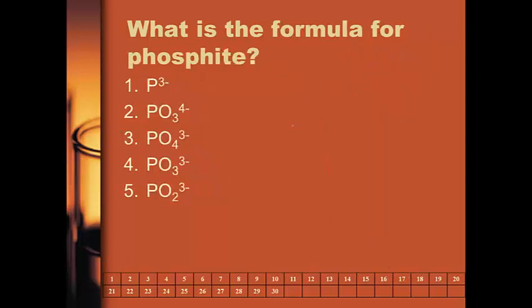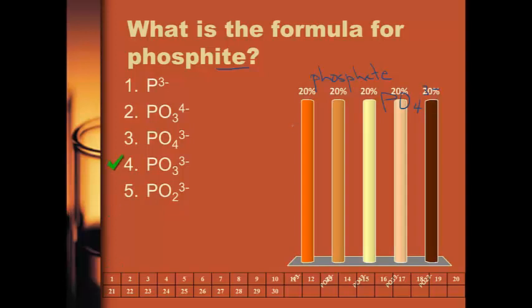Again, pause it, take a guess, and come back, check. Okay, you see the name phosphite. That wasn't on your list, but the one that you do know is phosphate. Okay, and phosphate's formula, you need to know all these again. PO4 3 minus, so the -ite must be one less, so it's going to be PO3 3 minus. Okay, and remember the charges always stay the same.